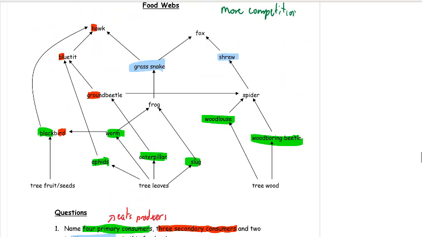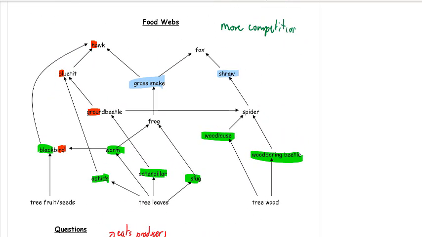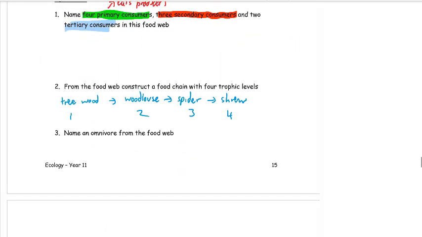Name an omnivore, so something which eats other animals and plants. Let's pick, not the worm, let's pick the blackbird. And the reason for that is it eats worms and it eats wee fruits.